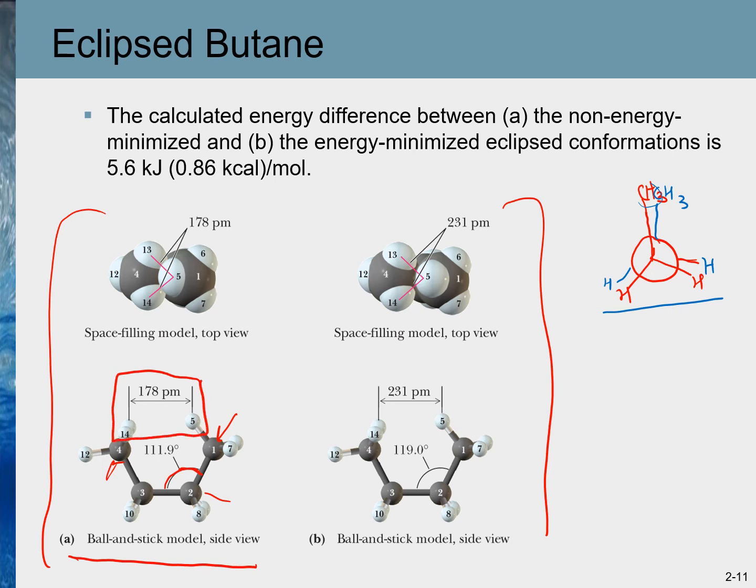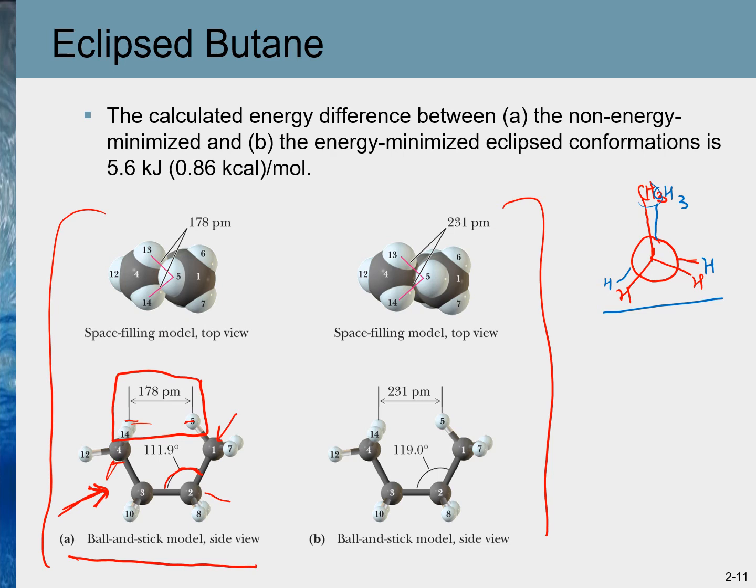This is too small. This is even smaller than the combined sum of atomic radii of these two hydrogen atoms. Although it's represented farther away, 178 picometers means that these two hydrogens are now touching each other or even pushing each other. They are so close. So this geometry of the eclipsed conformation is highly unstable, so it will be highly unlikely.